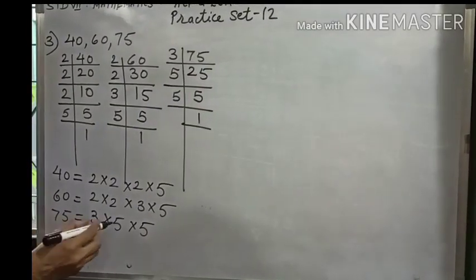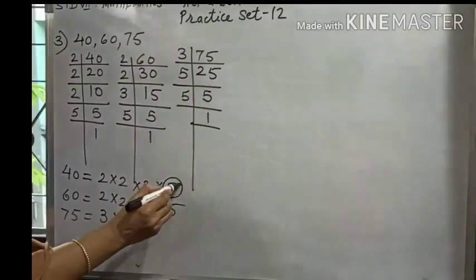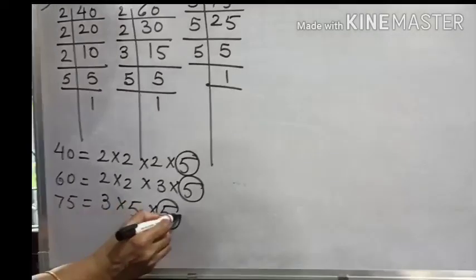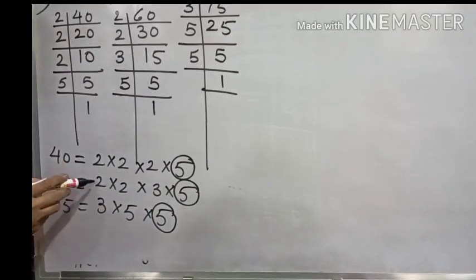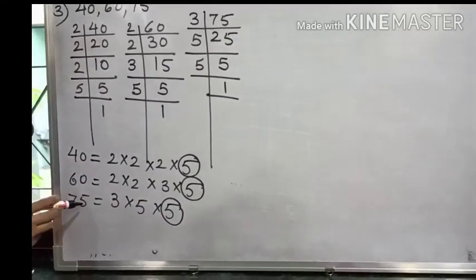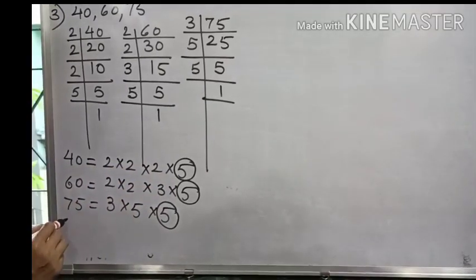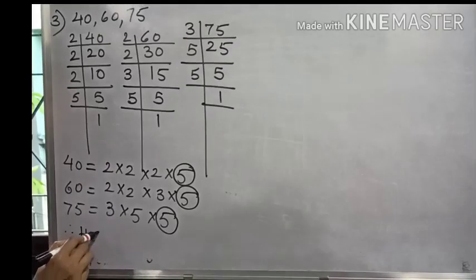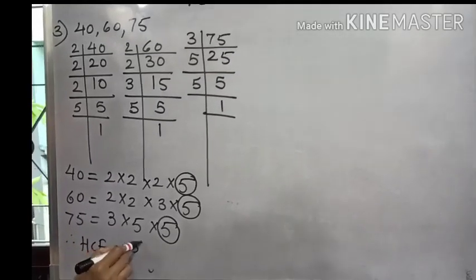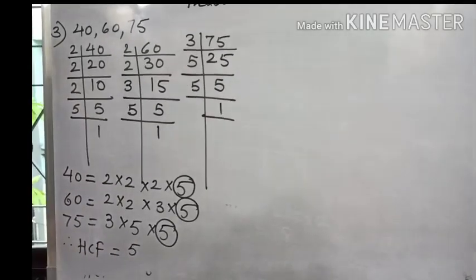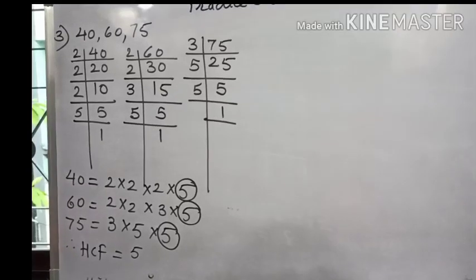Here the common factor is only 5. Here 2 is common, but it is not common in 75. So the only common factor is 5. Therefore the HCF is 5. So in this way you can find out the HCF.